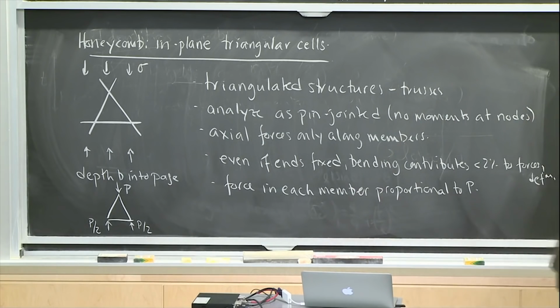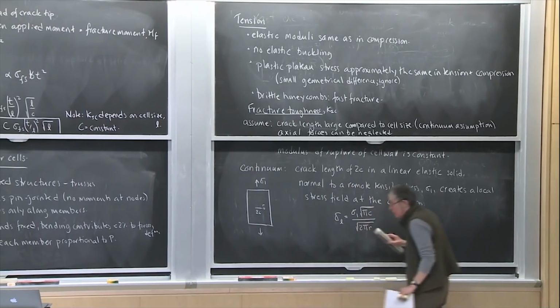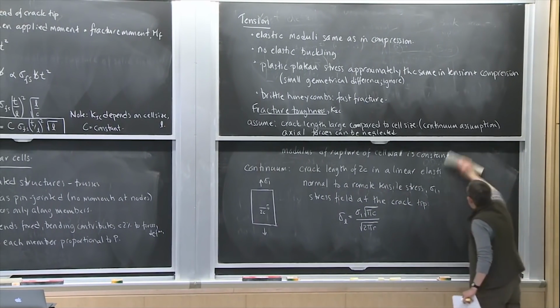But I'm going to use one of these proportional arguments again, just to get a general result, because I don't really care that much about the details of the geometry.